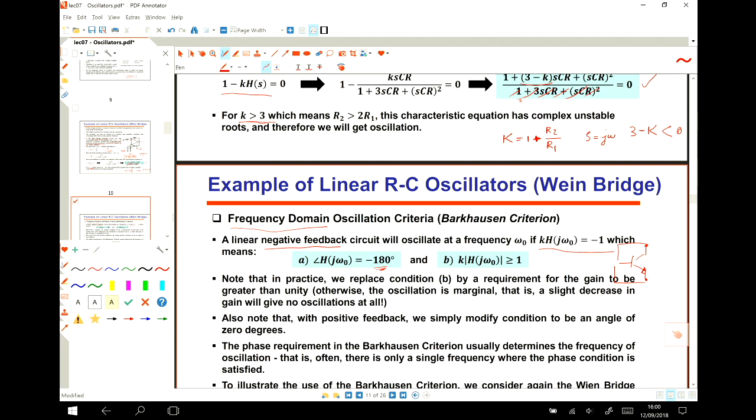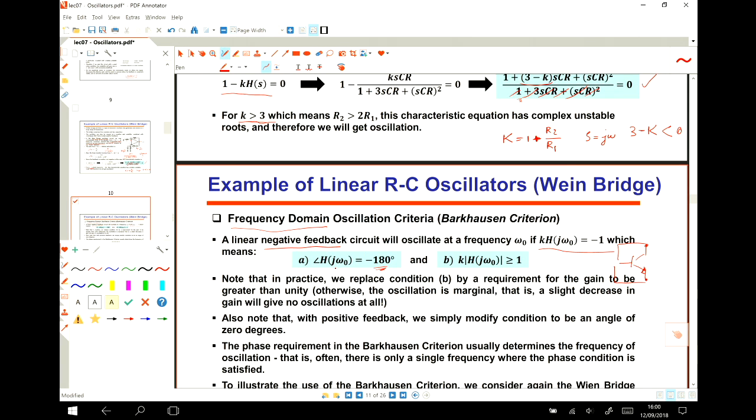So we should have a little bit of positive gain. The total gain of the system should be a little more than 1, so that the noise can increase and reach the saturation point. So with negative feedback, we get the positive gain. Always it should be greater than 1.